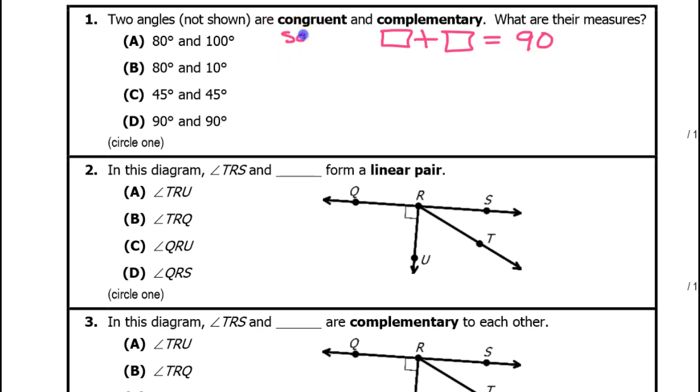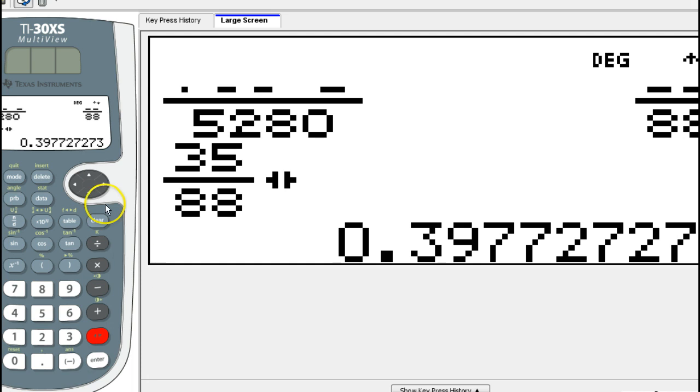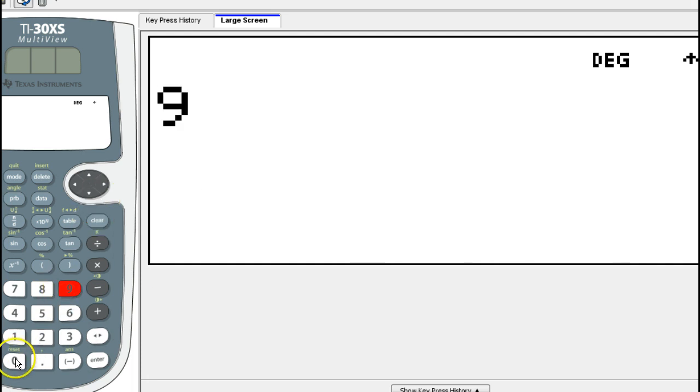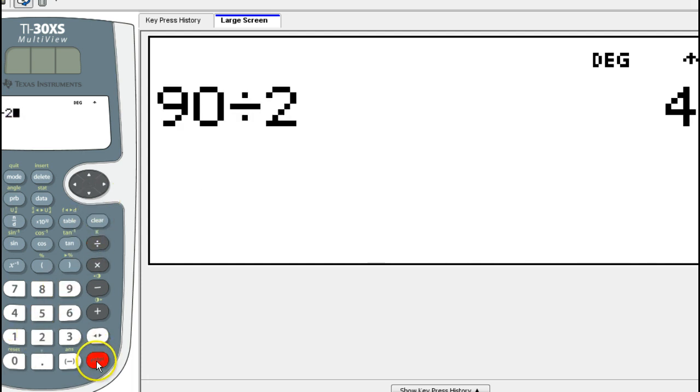So congruent means they have to be the same. So that means if I take 90 and I divide by 2, then I should get two equal halves. So if I do 45 plus 45, that should equal 90. And again, I got the 45 by taking 90 and dividing by 2.